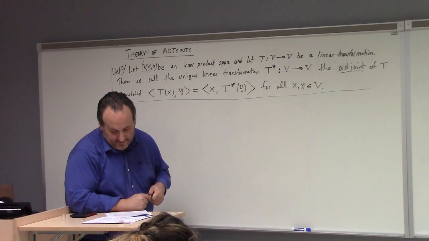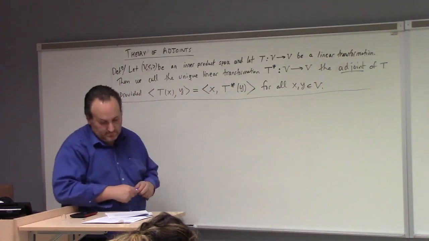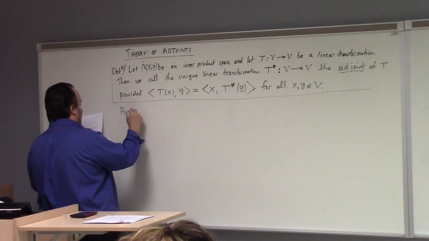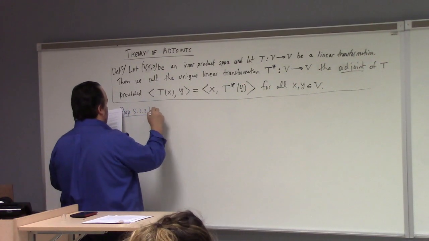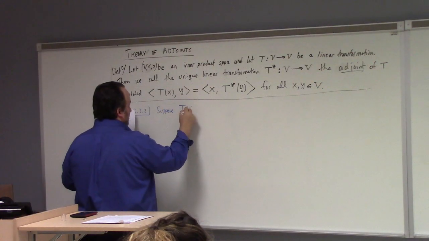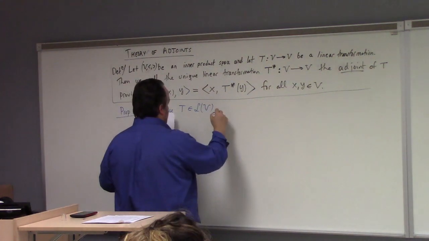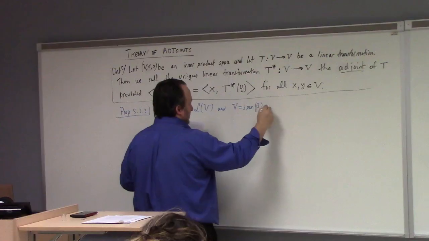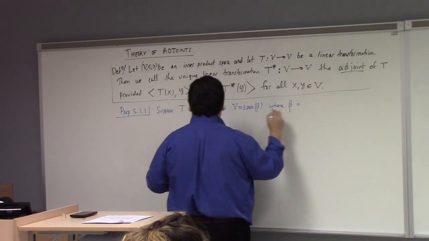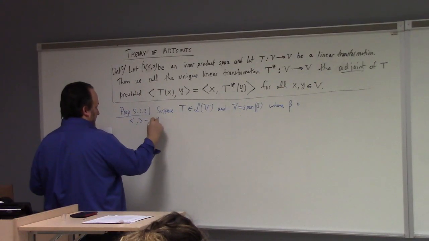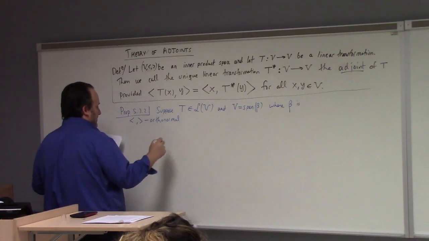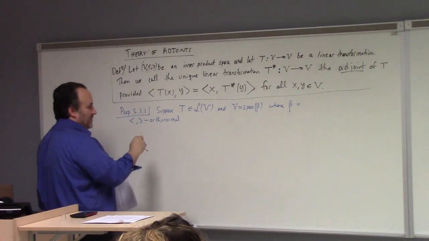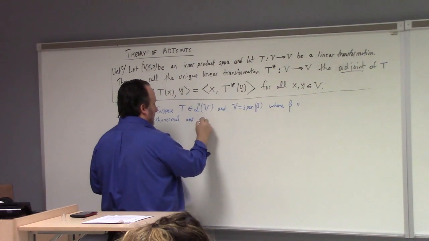And so the proposition is as follows. Proposition 5.3.2 says, suppose T is a linear transformation on V, and V is equal to the span of beta, where beta is orthonormal with respect to the inner product which is given, and the number of things in beta is equal to n.